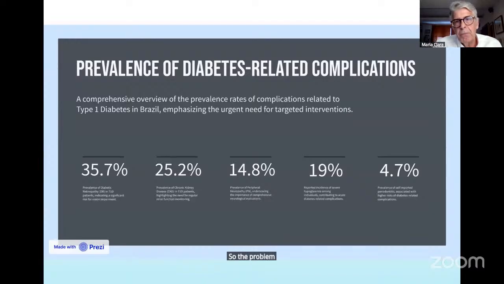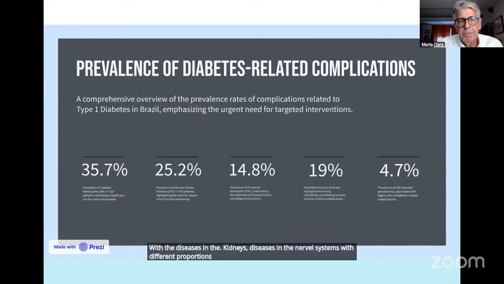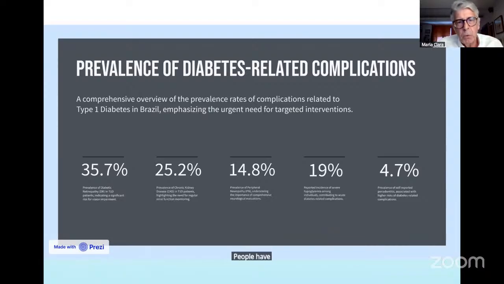One of the major problems of diabetes is complications: diseases in the kidneys, diseases in the nervous system, with different proportions. Sometimes people have more than one complication, and also problems controlling the glycemic state.